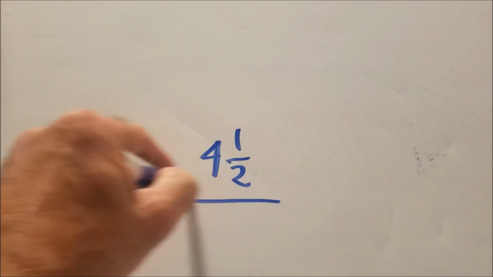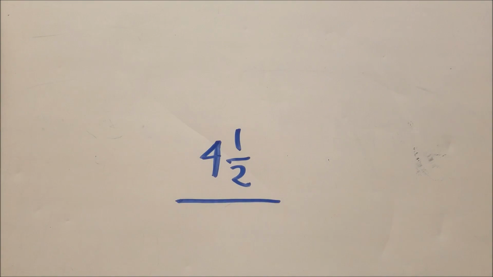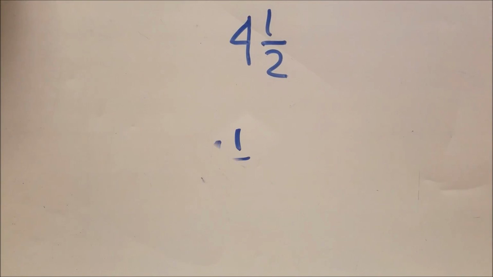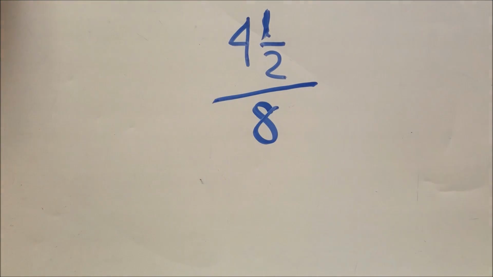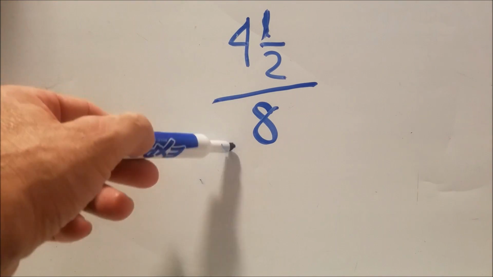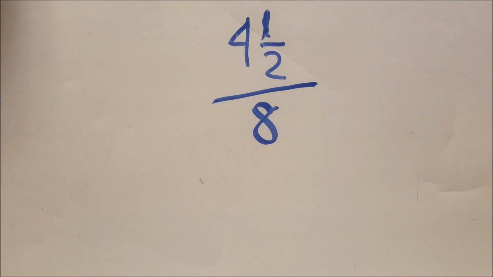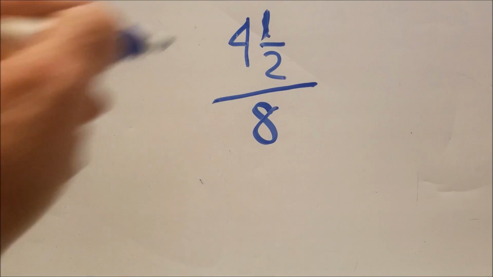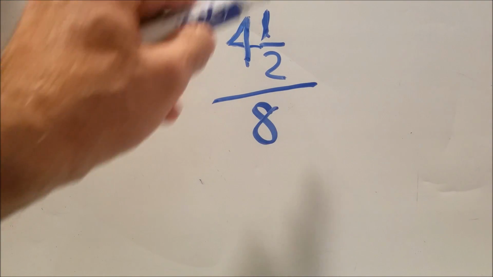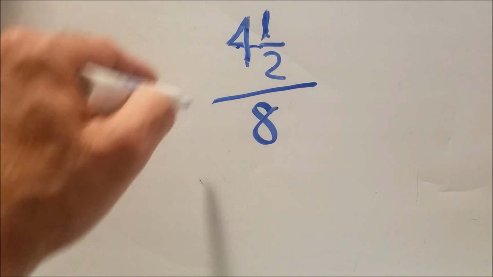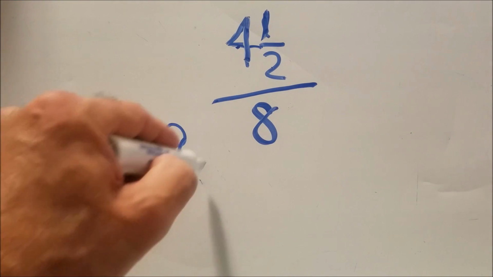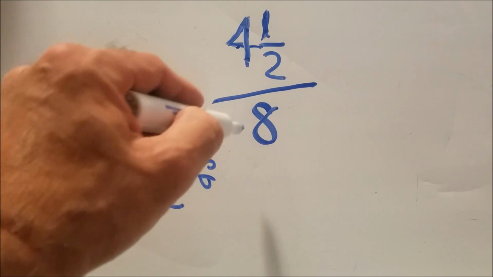And then we just divide it by what? We divide it by the amount we had. Alright, so we have 4 1/2, and we're going to divide it by 8 because we had 8 numbers when we started. That's the sum divided by 8 to get the average, to get the mean. So the top number, the numerator, is always the first number we put when we divide. 2 times 4 is 8, plus 1 is 9, so this is 9/2, divided by 8/1.